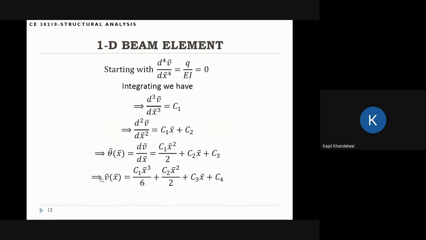So now we know v, the vertical displacement field. And once we know v, we can also calculate rotation, theta, as a function of x. That's just the derivative of the displacement field.